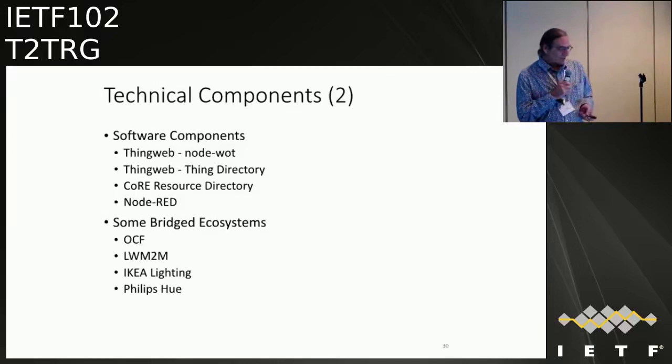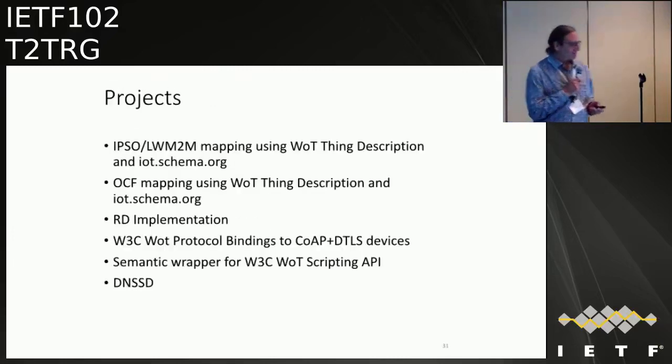And then some of the bridged ecosystems, OCF and lightweight M2M, IPSO, also specifically, we're looking at IKEA TRÅDFRI, which uses CoAP DTLS, and Philips Hue, which is a sort of a LAN HTTP kind of system. And these are just bridges that control light bulbs.